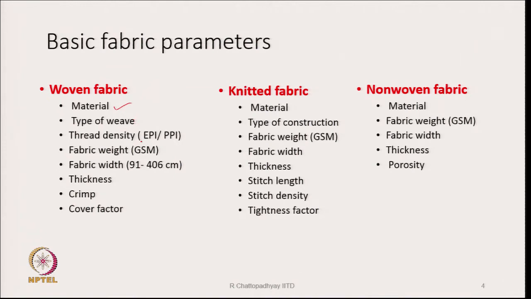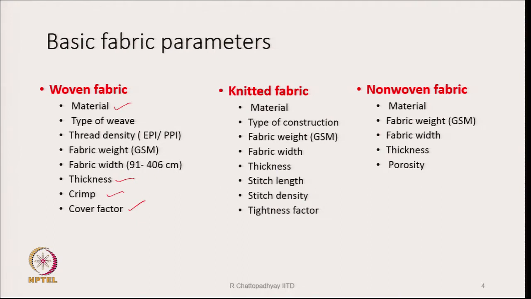Then what is the thread density? That is EPI, ends per inch and picks per inch. What is the fabric weight, or areal density expressed in terms of GSM, that is gram per square meter. What is the fabric width, then thickness, crimp, cover factor, these are all basically fabric parameters.